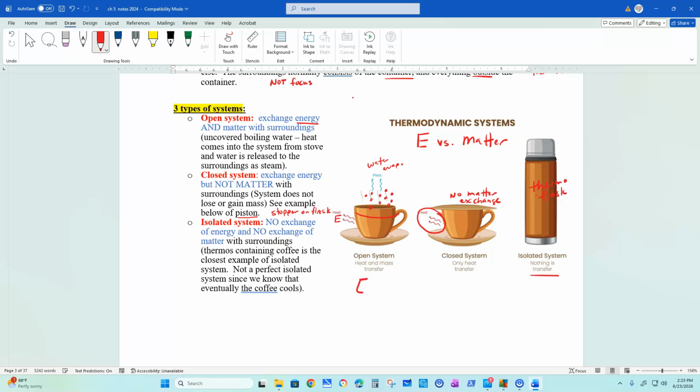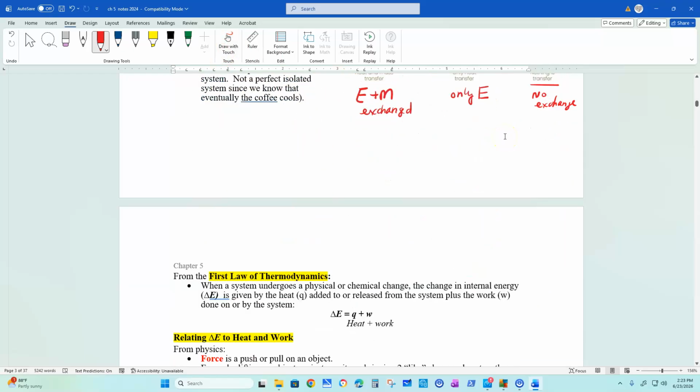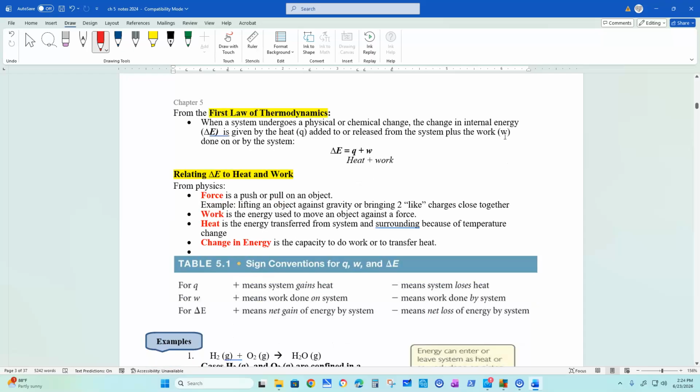So this is the only one that has energy and matter that can be exchanged. This one, closed system, is only energy, and isolated is no exchange of any type of energy or matter. So when we're looking at these examples, we have to pay close attention to what type of system we're looking at.